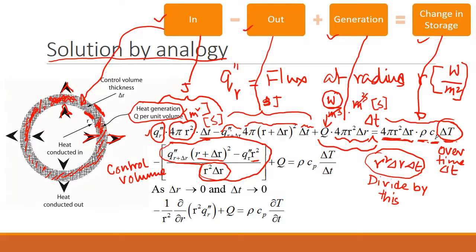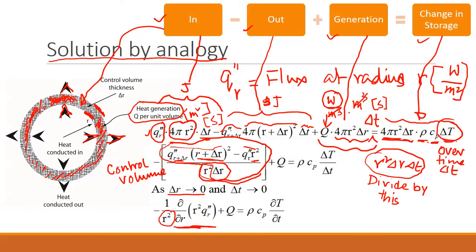Likewise for q: the function at r plus delta r and the function at r, divided by delta r. When I let delta r go to 0, it becomes the derivative, and the r squared simply stays there.